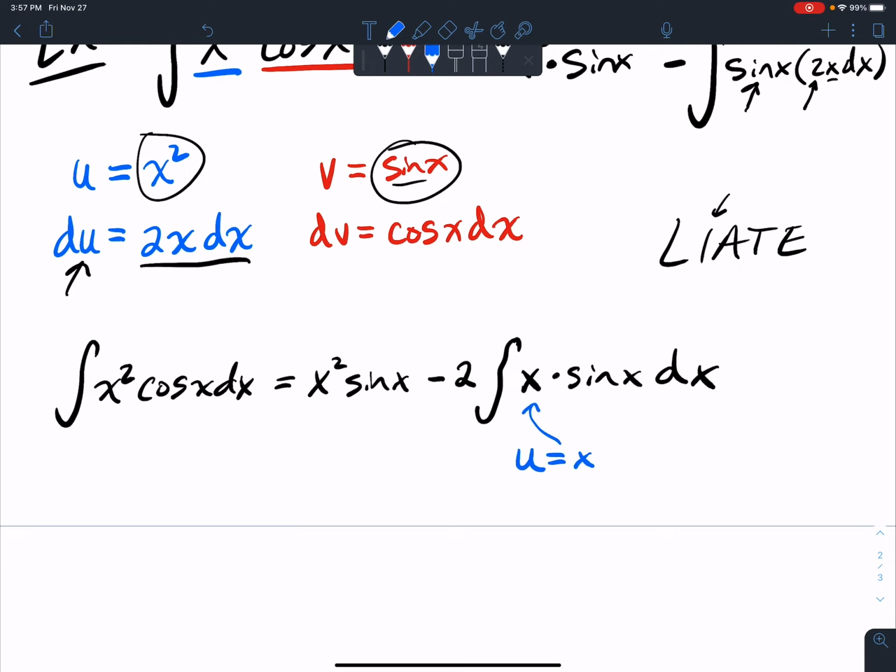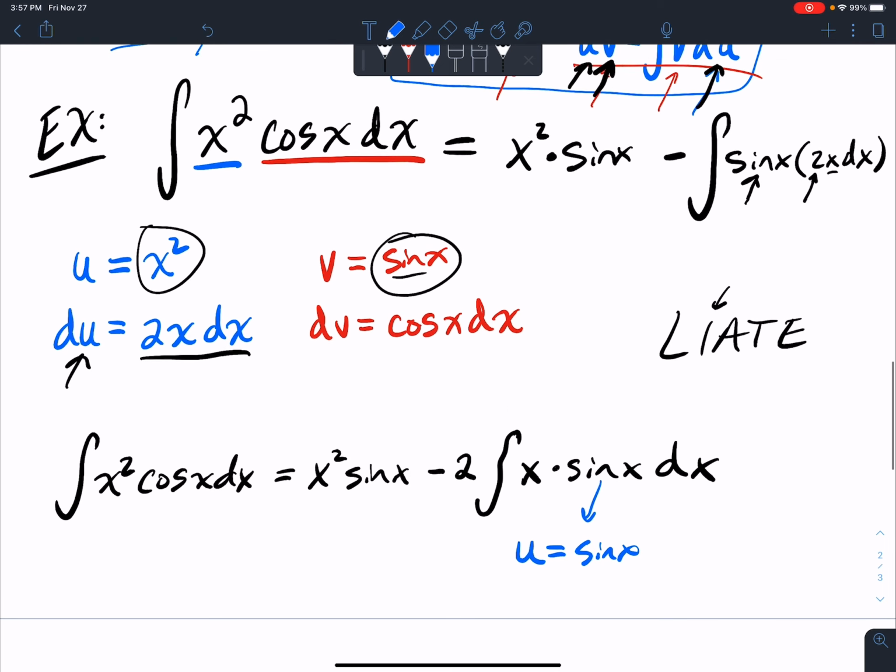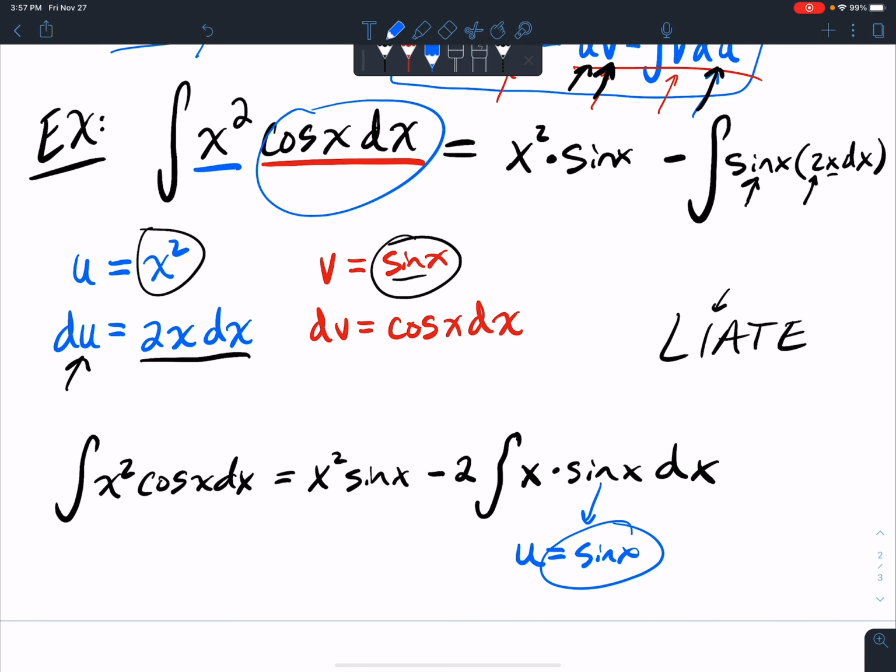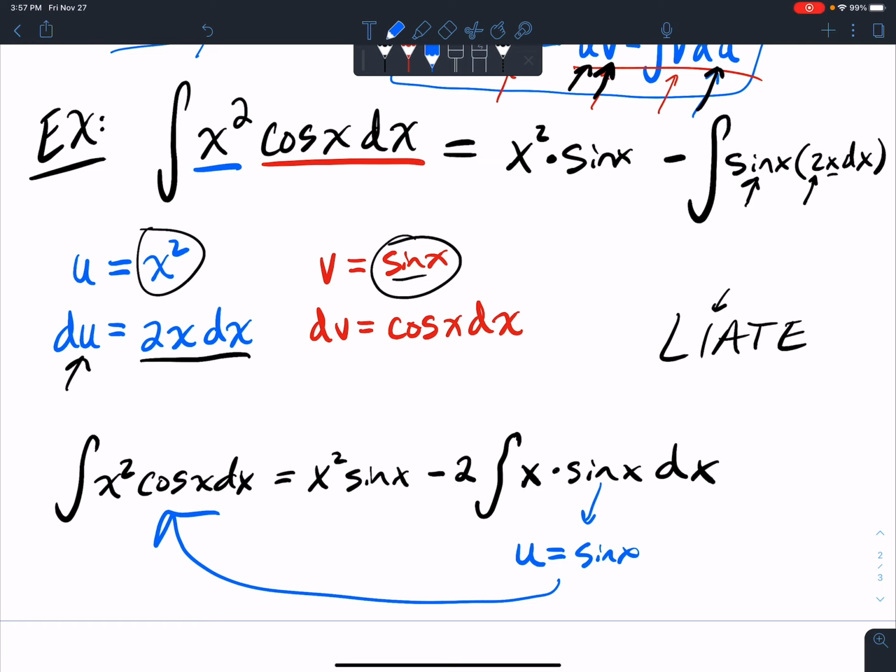Now, what would happen if I had not chosen u to be x here, but instead I chose sine x to be u? Well, guess what would happen? I literally flipped it around, and it would end up getting me right back to where I started. So you don't want to do that.